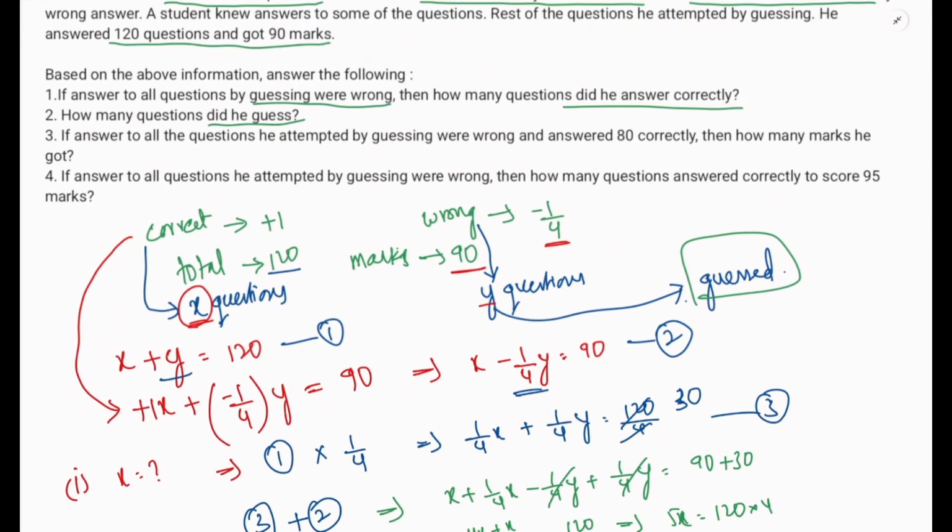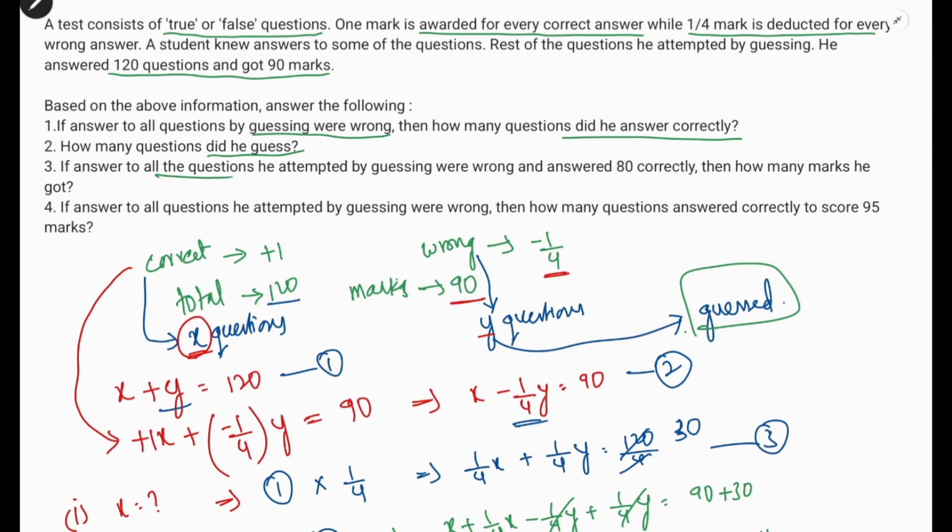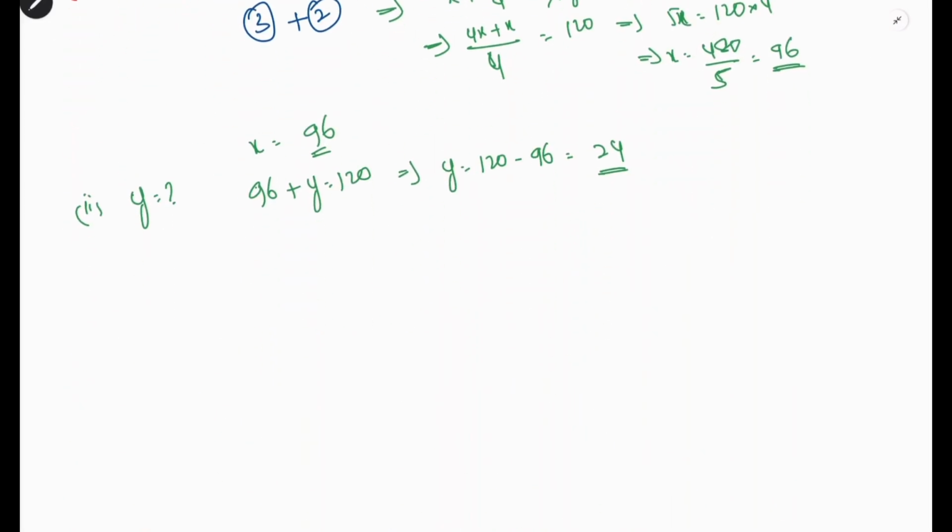Now what is the next question? If answers to all the questions he attempted by guessing were wrong and he answered 80 correctly, how many marks did he get? This is another scenario. He answered 80 correctly and the others were wrong. In the third one, he answered 80 correctly, so x is equal to 80.